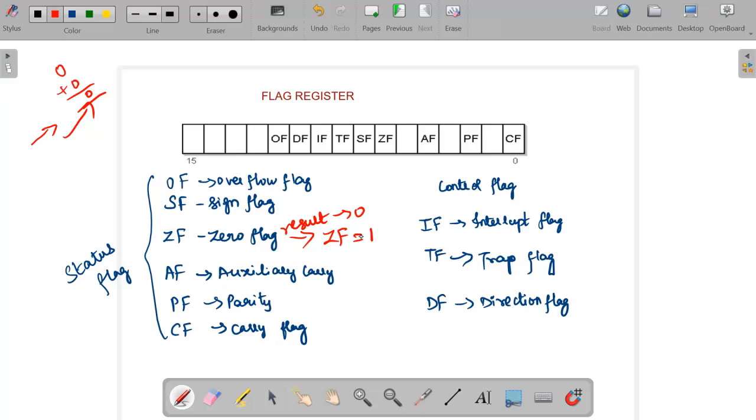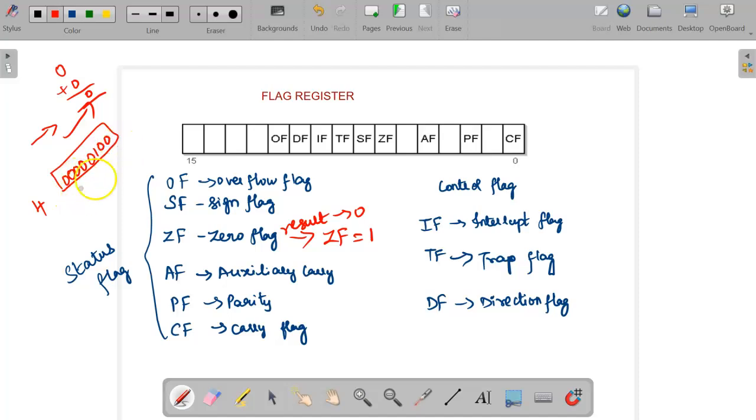Similarly, after doing the operation, if your result has an even number of ones, for example, if your answer is 4, so if I have 8-bit data, 0, 0, 1, 0, 0 is your 4.